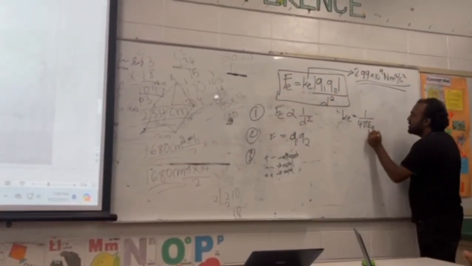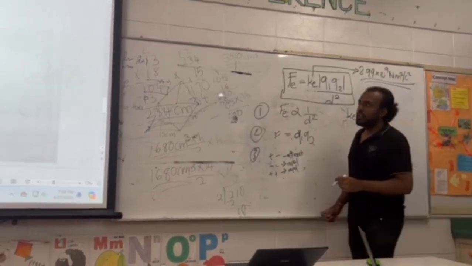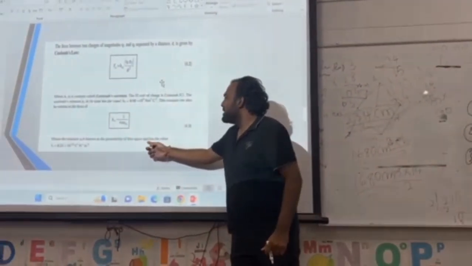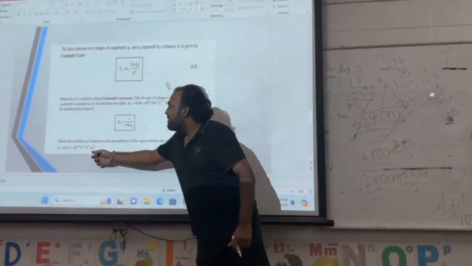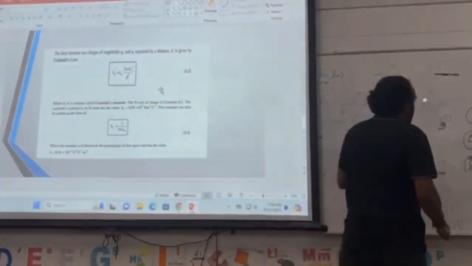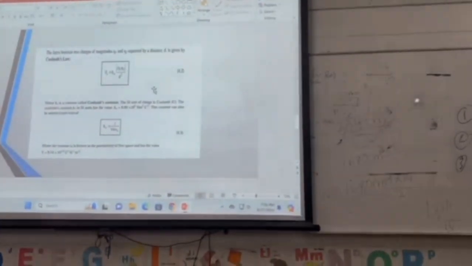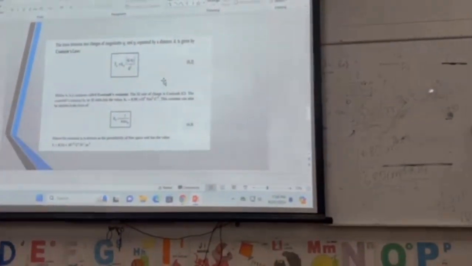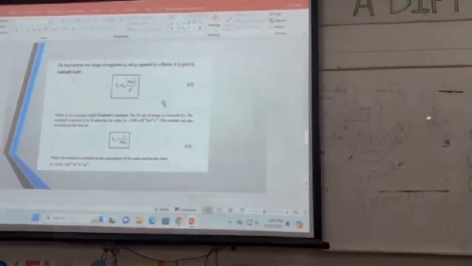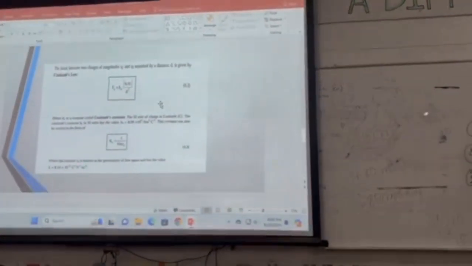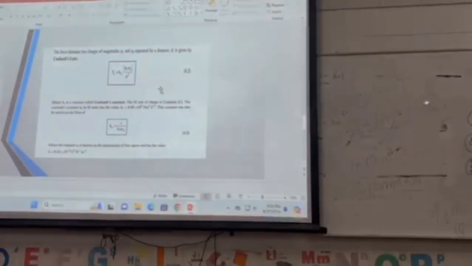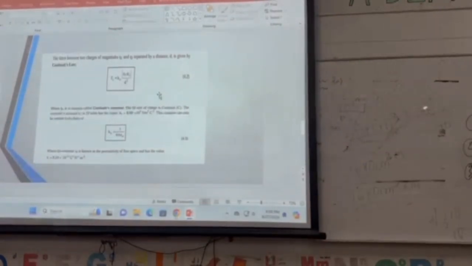The epsilon naught is also a constant, known as the permittivity of free space, and has a value of 8.54 times 10 to the power of negative 12 coulomb squared per newton meter squared. So this is just a breakdown.